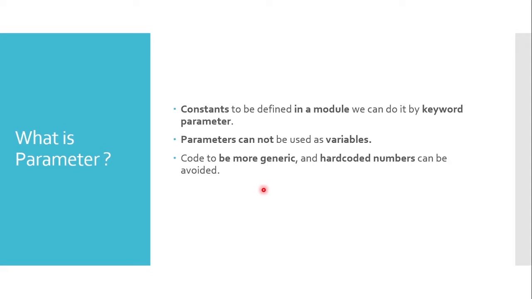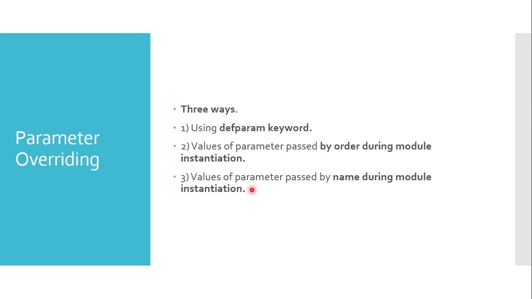In future, if I want to model a 16x1 multiplexer, I just need to change the input size and select line size, so the code becomes more generic. Also, if we want to avoid hard coded numbers in our design, we can use this parameter. Now we will see what are the different ways of overriding parameters.